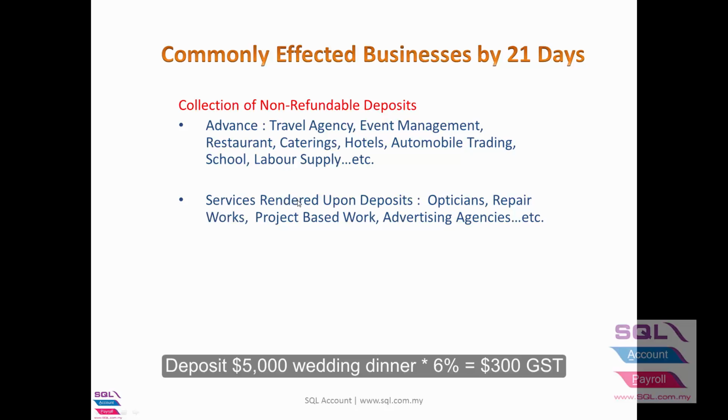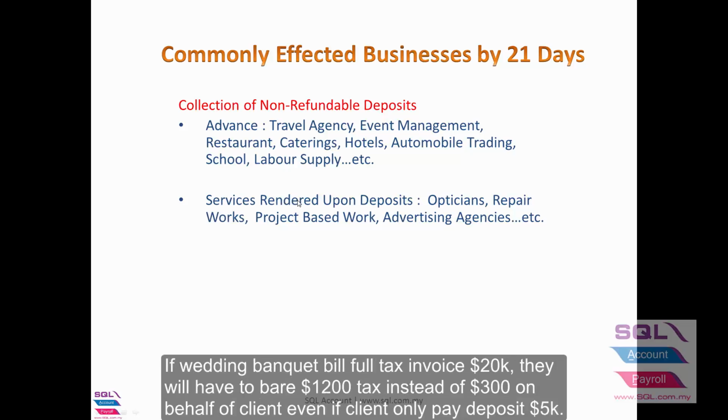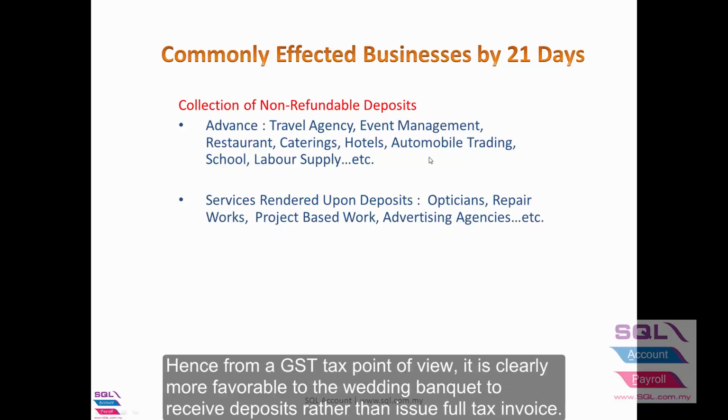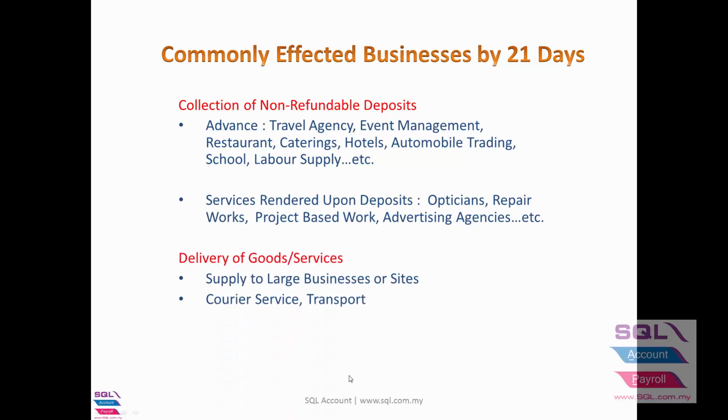No, they do not, because even if they do, the wedding couple will not pay for the full invoice and the restaurant will have to bear the full invoice tax. So they normally will collect just a smaller deposit, and in this case only calculate tax from the deposits. So no invoice is issued until much later, way after 21 days.